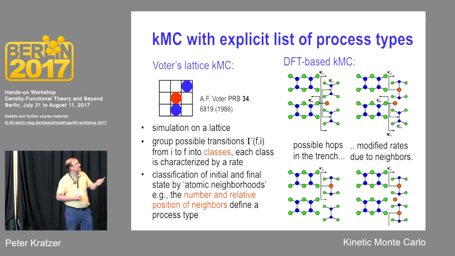In the simplest case, as was pointed out here already in the 80s, you could just look at the occupation of neighboring sites. Now, if this red atom wants to make a move, then you could say how many neighboring sites are occupied. And the rate depends on this local occupancy.